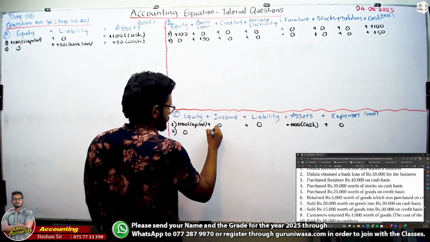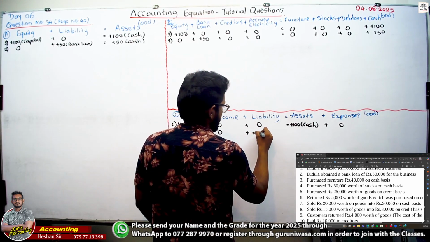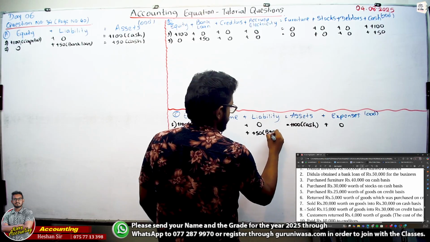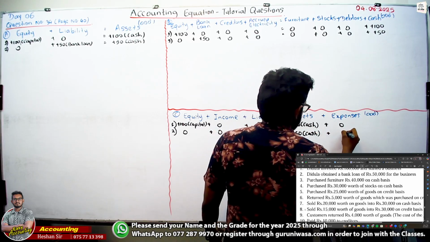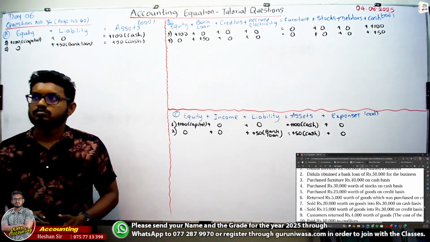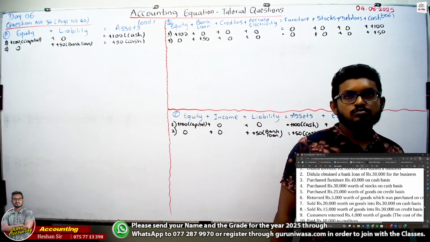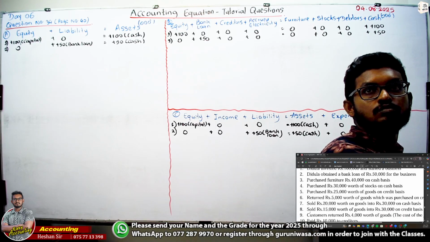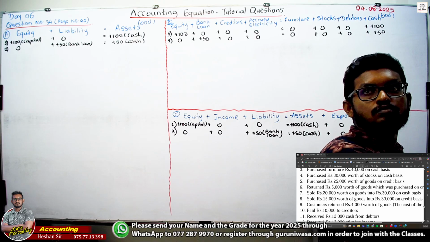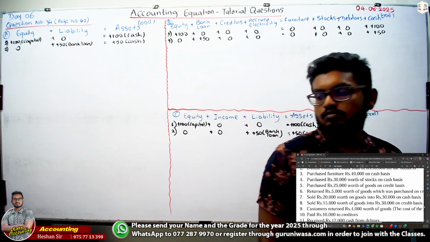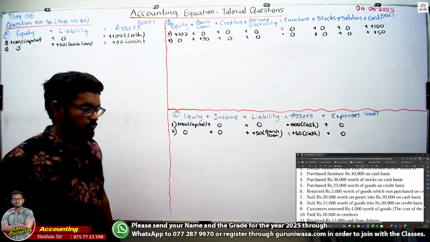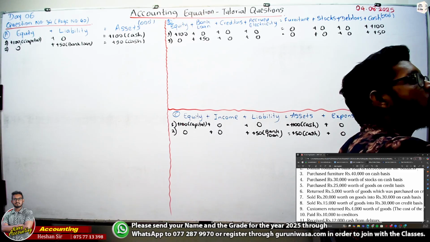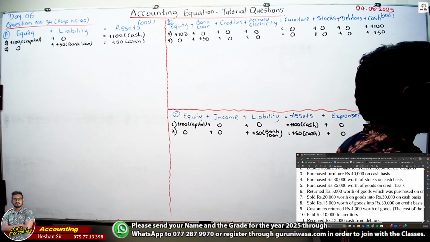In here, liability increase 50,000 as bank loan, assets increase 50,000 as cash.